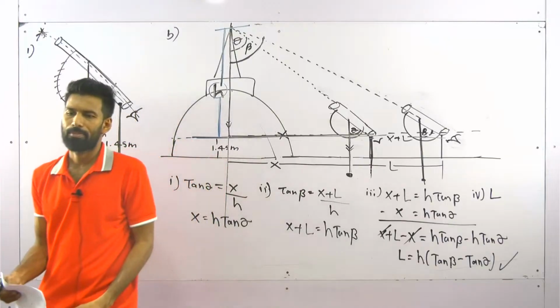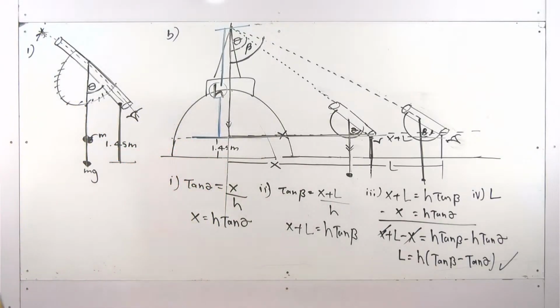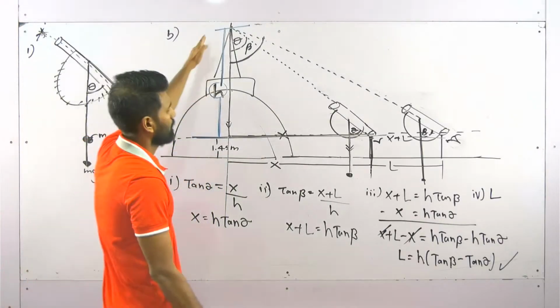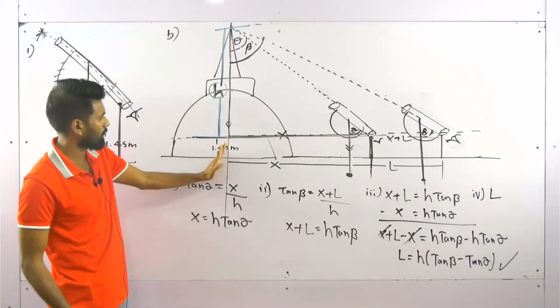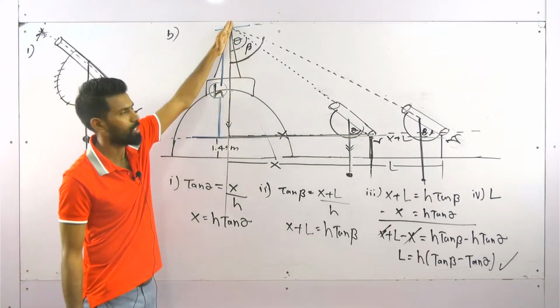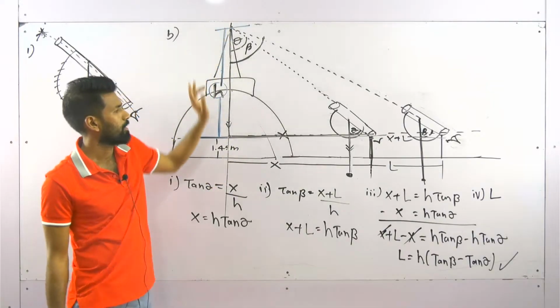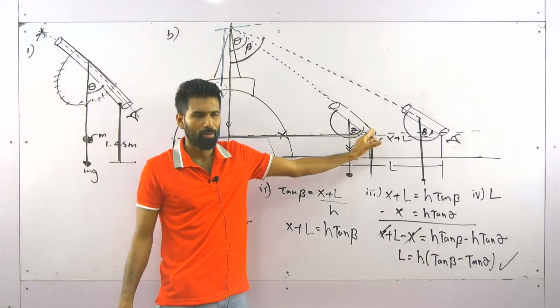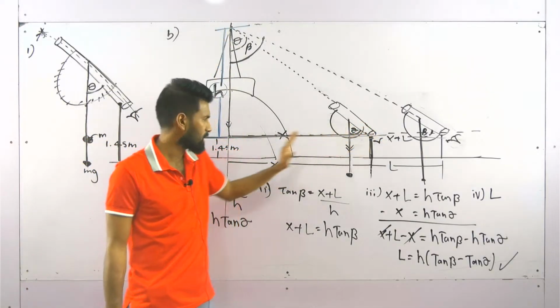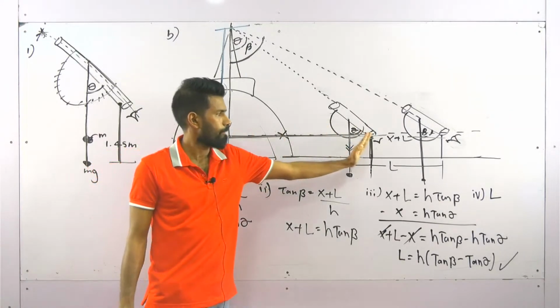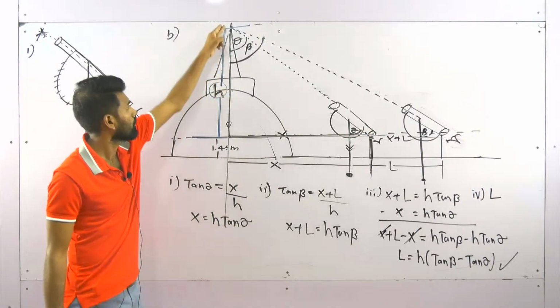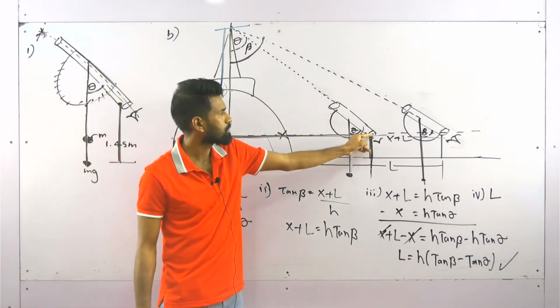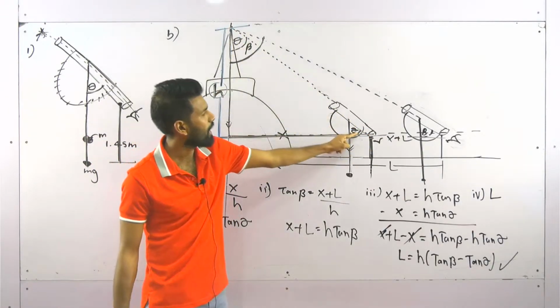So you can use this technique to measure a height. This is the height you need to measure. It's a good technique. Take the inclinometer, place it at a certain horizontal distance from this height, and observe the highest point. Take the angle here.